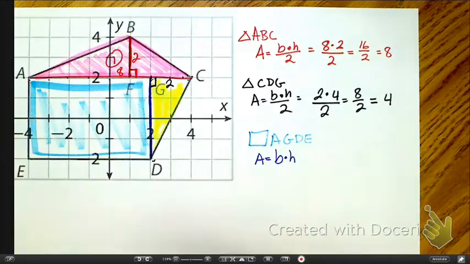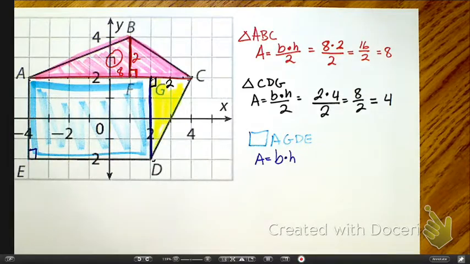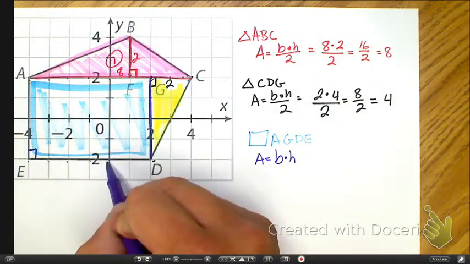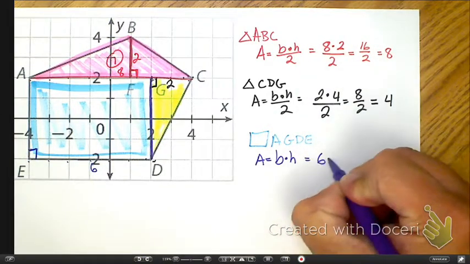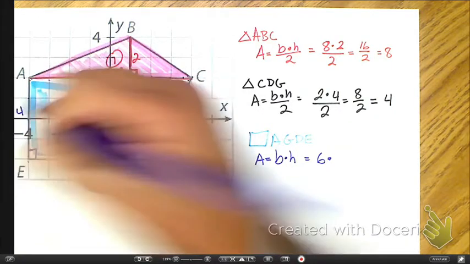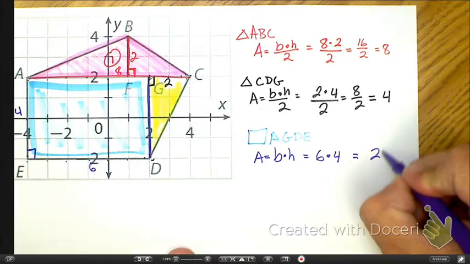Fortunately for us, our rectangle is orientated very nicely on the coordinate plane. Base 1, 2, 3, 4, 5, 6. The height 1, 2, 3, 4. 6 times 4, 24.